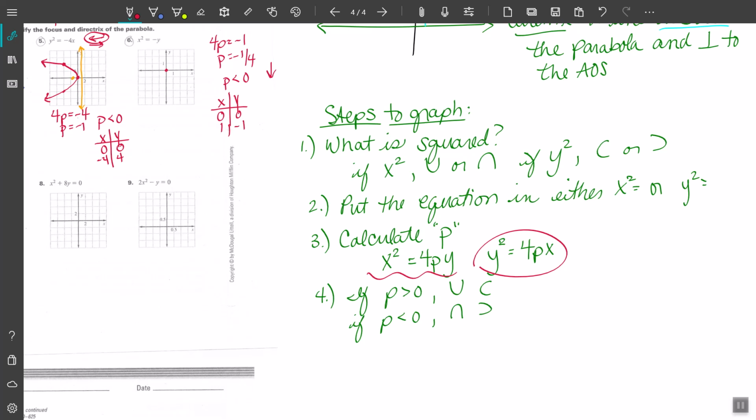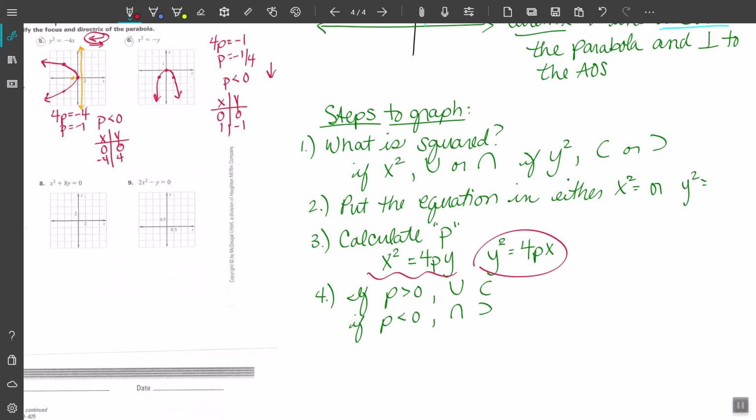So that's easy. This is going to be opening down, so my axis of symmetry is going to be the y-axis. There's the first point, and then when I mirror over the y-axis, it'll look like that. Connect those in a smooth curved line.